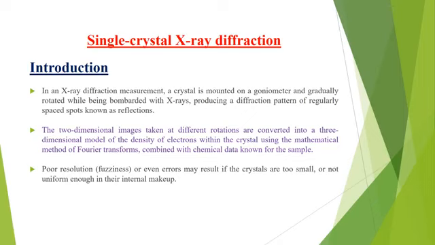And if we have a crystal which is very small in size and it is not uniform enough in its internal makeup, then the resolution becomes very poor or fuzzy, and this also creates some errors in the result. So the crystal size should be large enough to get a good result.